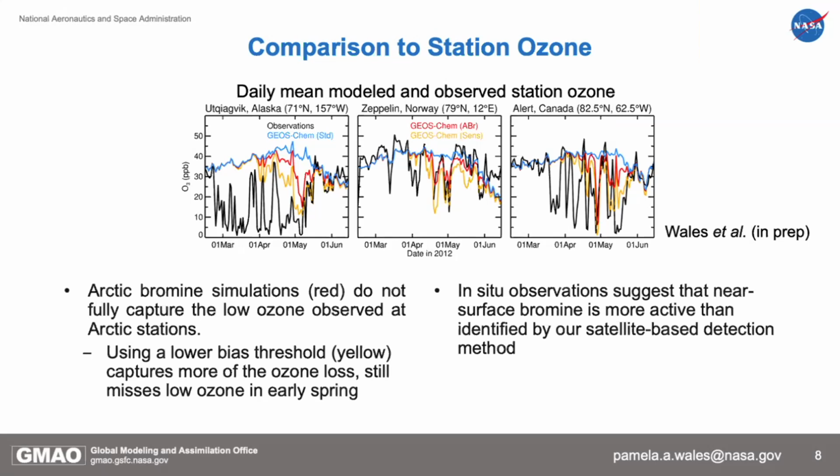Okay. And regarding the current discrepancy you found between your approach and the observation in terms of the ozone depletion, you seem to be missing a lot of bromine release in early spring. Is it related to the way you screen out the satellite data, like solar zenith angle and things like that? Yeah, so I think it could be a combination of things.